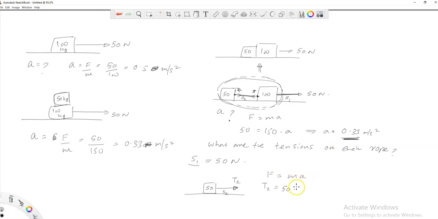So 50 times 0.33. So tension 2 is different from tension 1, a little less tension, and the number is 50 multiplied by 0.33, which equals 16.5. Okay, that's the beauty of tension.